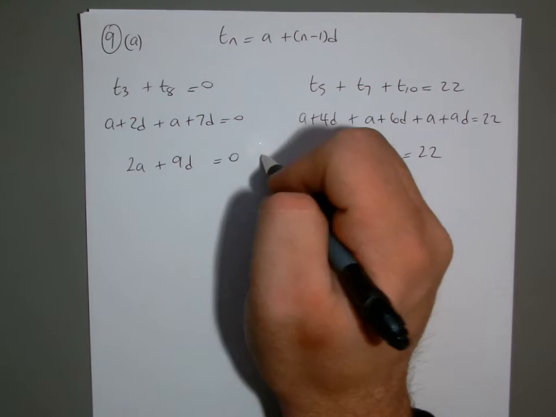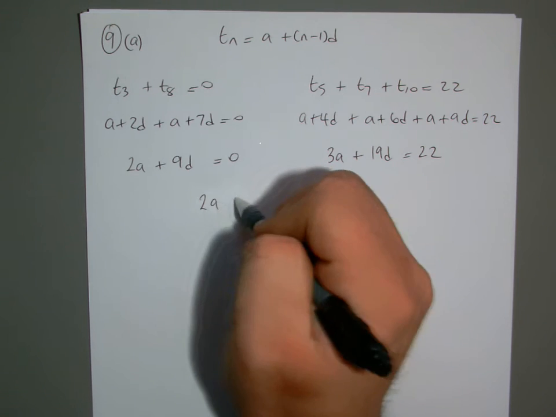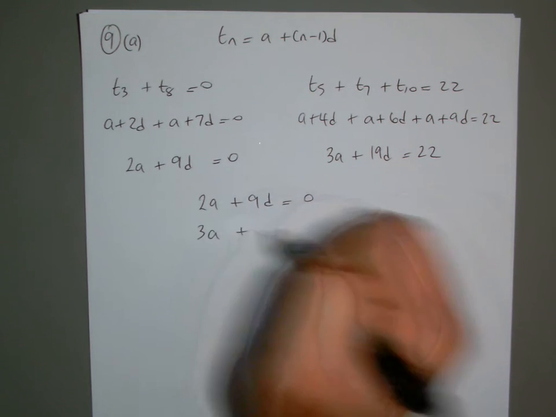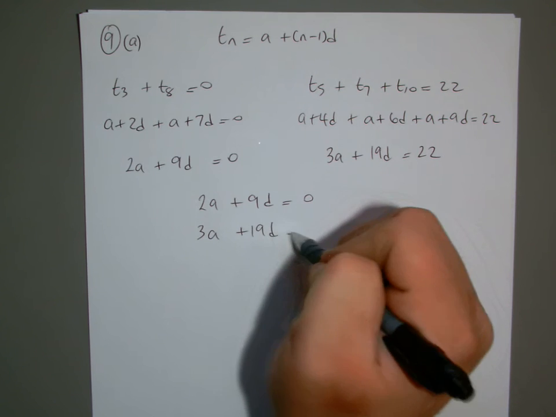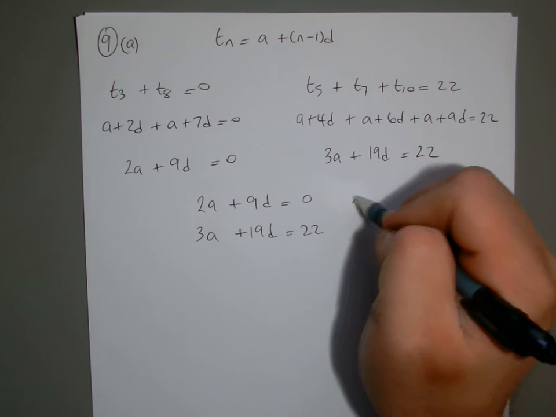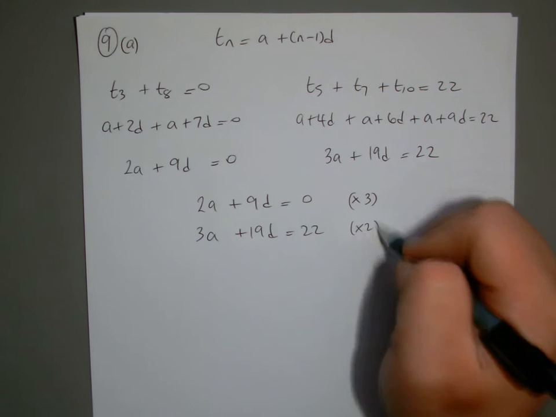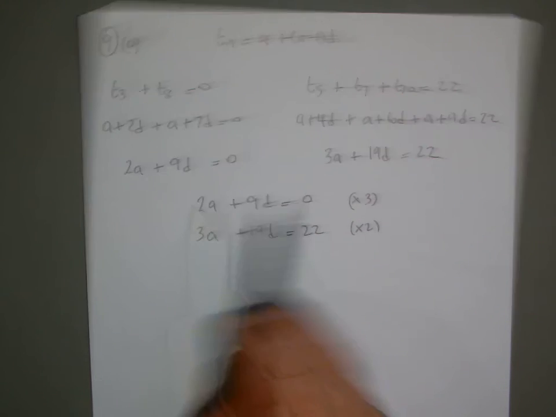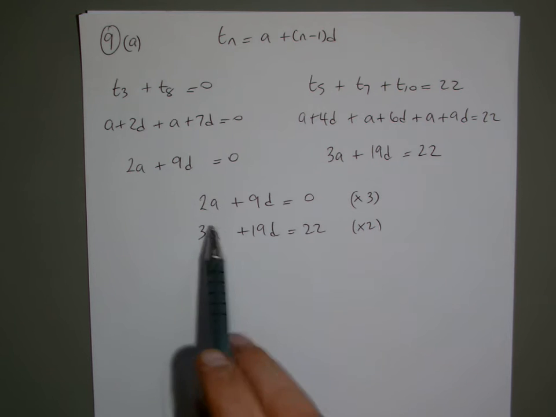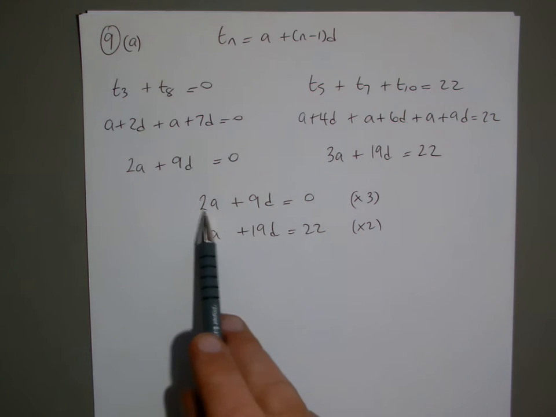So what we could do is solve them simultaneously by scaling each equation up. You remember doing this at GCSE, whereby you try and get the a's the same. So if I times the first equation by 3 and the second equation by 2, you do the opposite: the first equation you times by what's in front of the a in the second, and the second equation you times by what's in front of the a in the first.